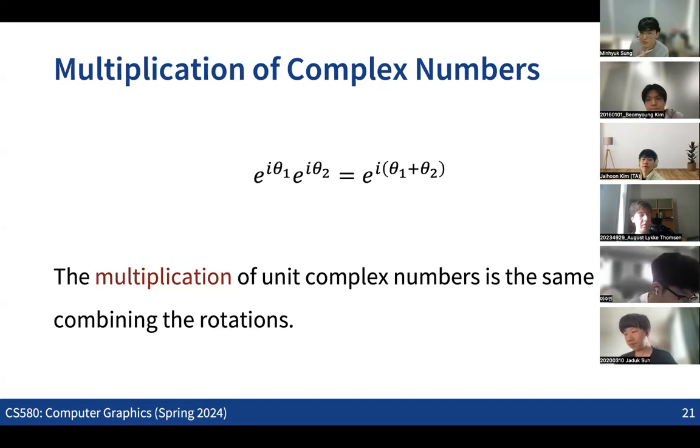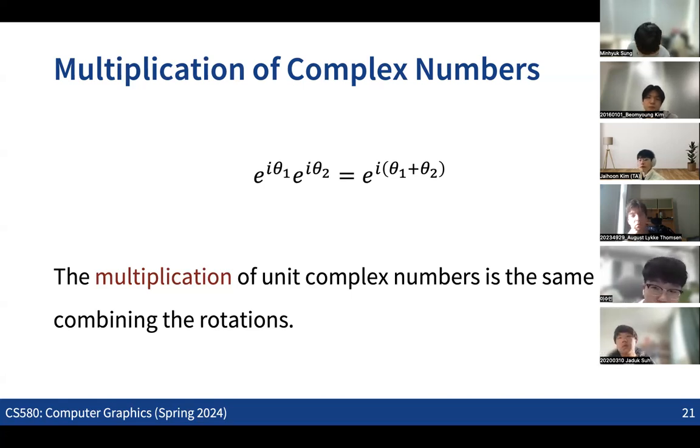Then the question is how we can find such things for the 3D rotations. The question that some mathematicians in the 19th century had was this: we can see that in the 2D space of complex numbers, the multiplication of unit complex numbers corresponds to the combination of 2D rotations.